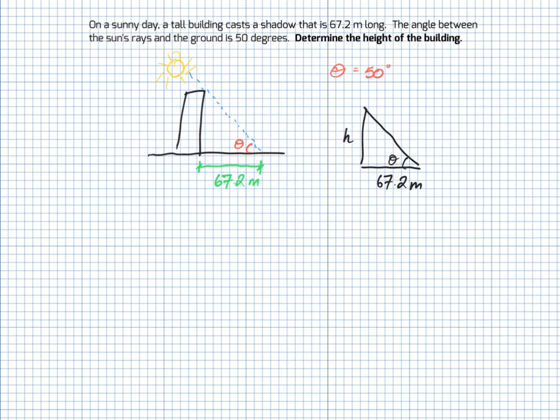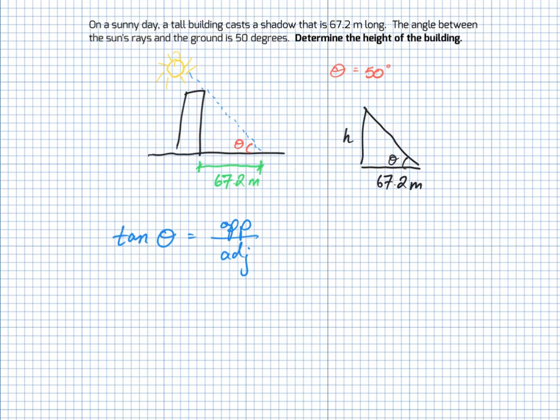So the relevant equation that we need to use here is going to be tangent of theta is equal to opposite over adjacent. Okay, now again, what do we need to find here? We need to find our opposite side. So we simply have to rearrange this equation. Simple math here.